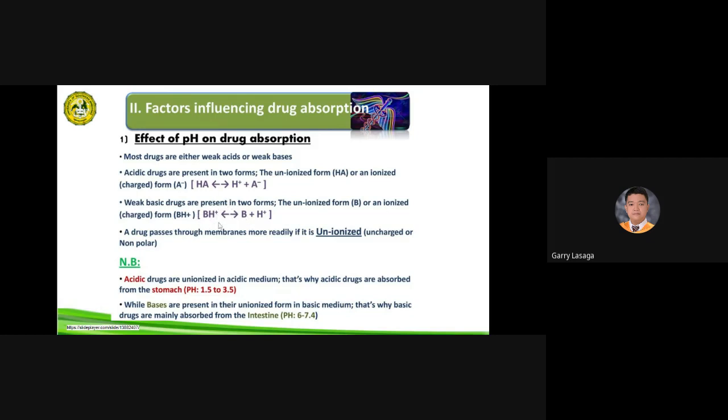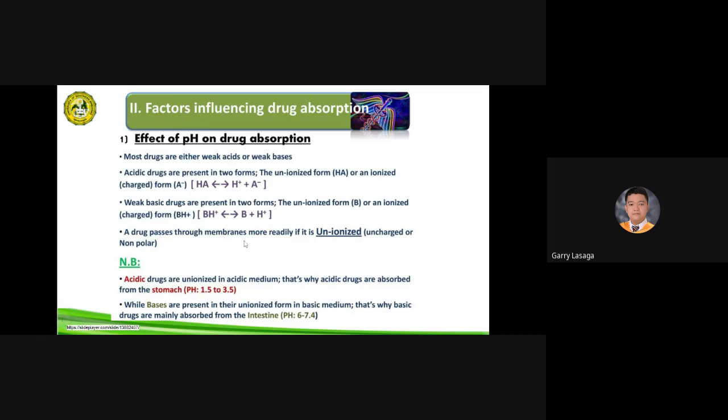A base will form a conjugate acid after the base has accepted a hydrogen ion. So that is defined in the Bronsted-Lowry definition of acids and bases.